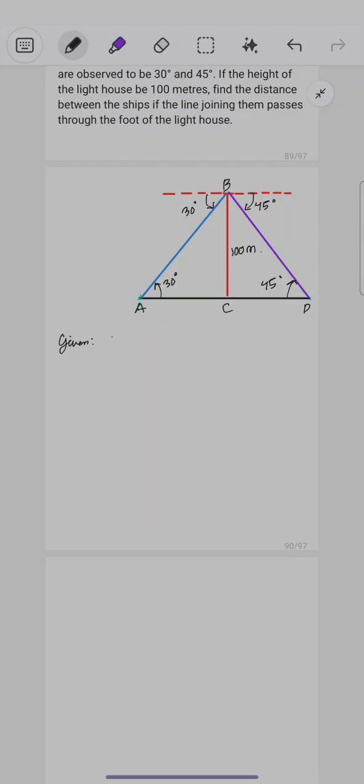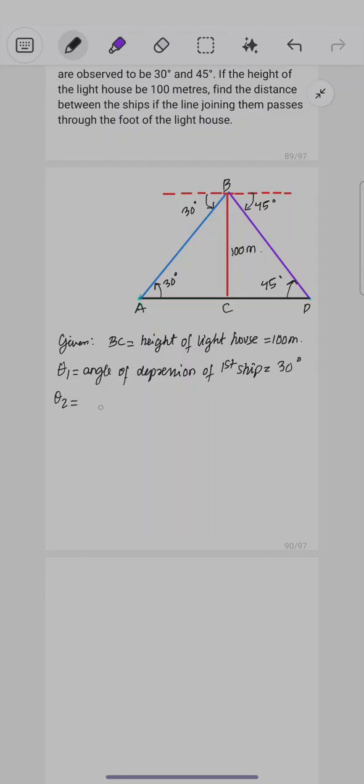Given BC equal to the height of the lighthouse, which is how many meters? 100 meters. Then theta 1 is what? Angle of depression of the first ship, which is 30 degrees.